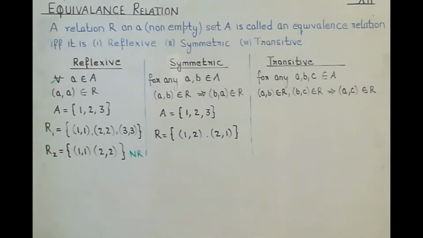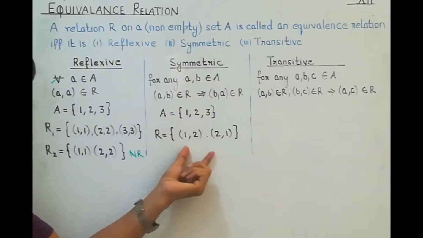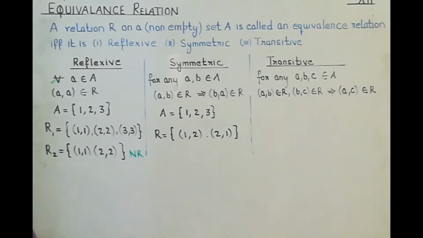Then only that relation is called symmetric. It is not necessary that all the ordered pairs should be present in the relation. Now from here we can obtain (1, 3), but if (1, 3) is there, then (3, 1) must be there. So it is not necessary for all the elements. Remember this.